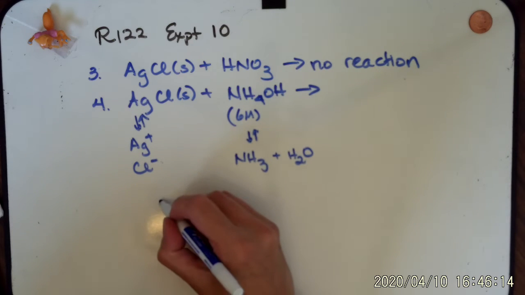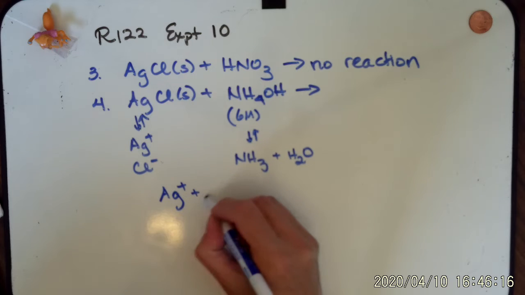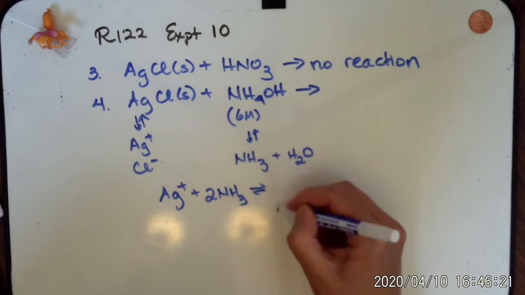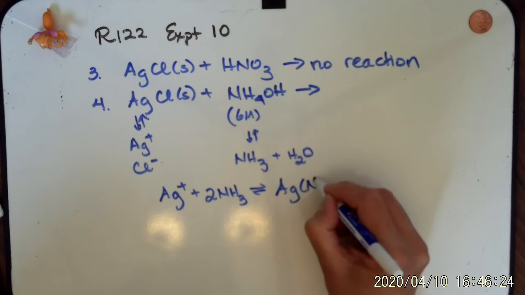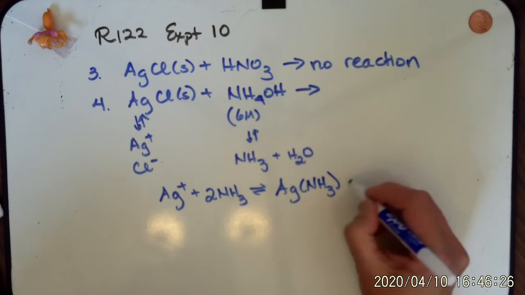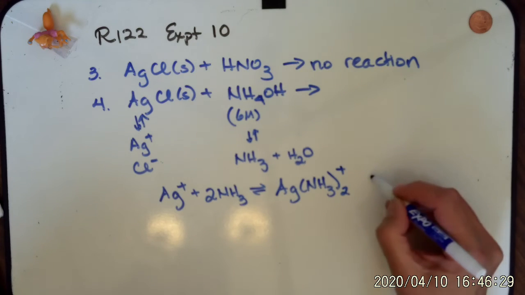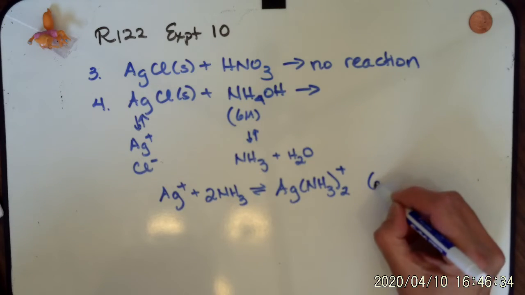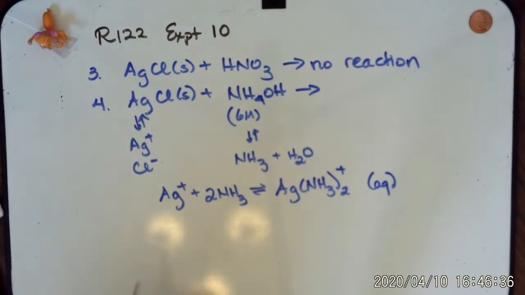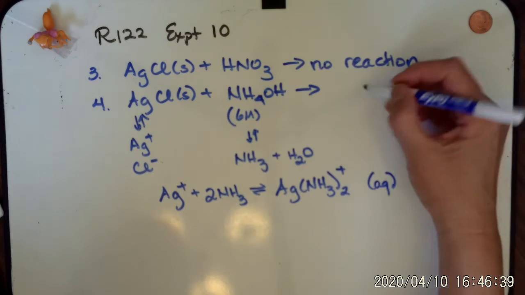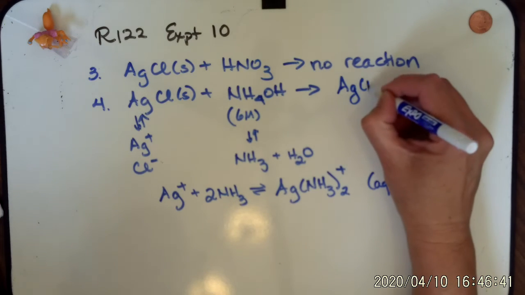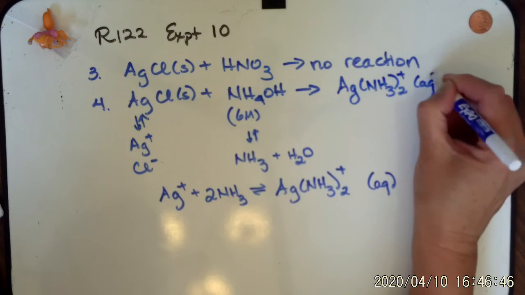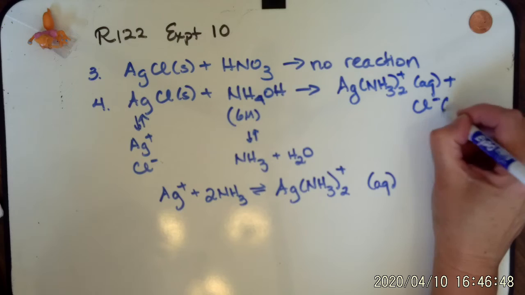Well, we know that my silver ion plus 2 ammonias gives me the complex, the silver ammonia complex, which has a much higher Kf. So this is aqueous, which means that when I add the ammonium hydroxide, what I get is my complex, which is soluble in water.